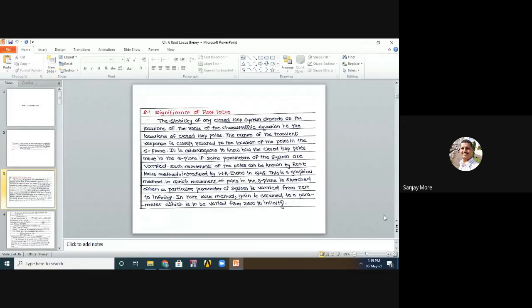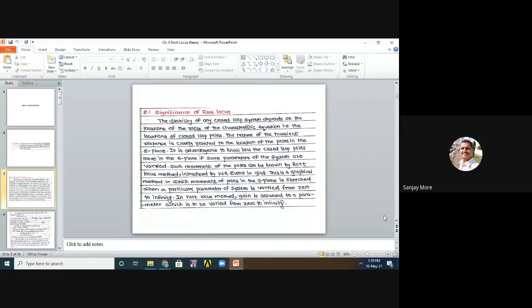Here, the S plane, with real and imaginary axes, will be used in the root locus method. The advantage is that we can know how the closed loop poles move in the S plane when some parameters of the system are varied. Such movement of the poles can be known by the root locus method. This method was introduced by W.R. Evans in 1948.